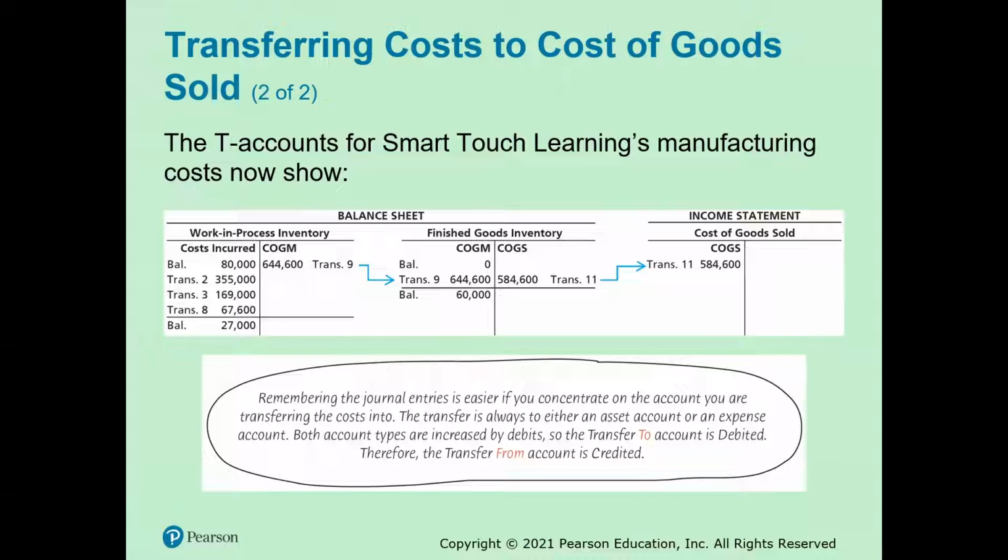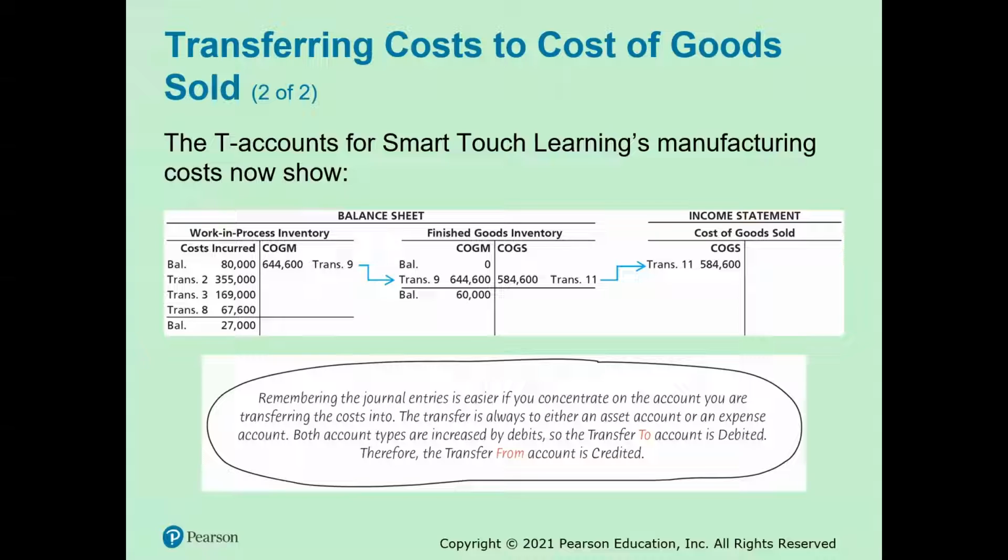The credit amount of $644,600 is entered as a debit amount for transaction number 9 in the finished goods inventory. The balance sheet will have the finished goods inventory.